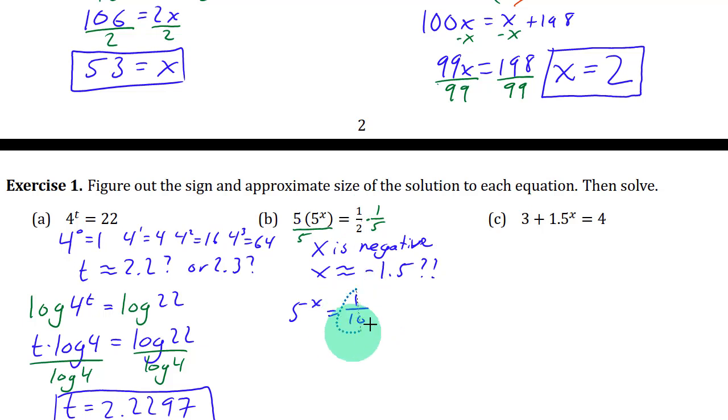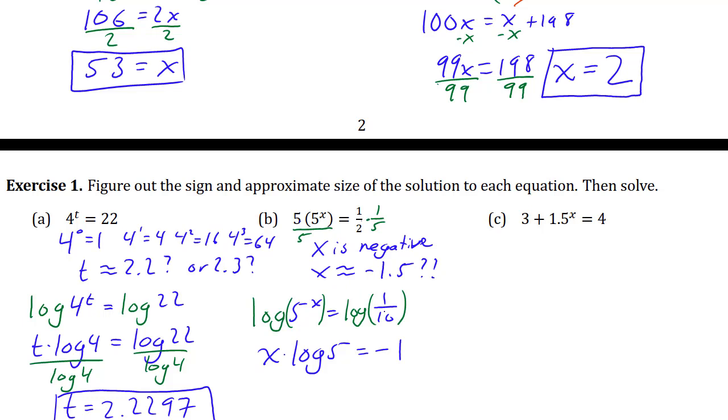And now if you take a log of that, then you could take the x out and write that as x times log of 5. Well, log of 1/10 is -1 because -1 is the exponent of 10 that gives you 1/10.